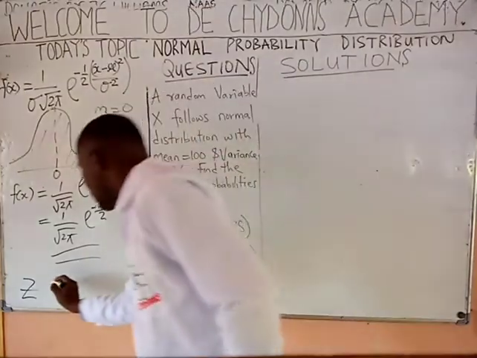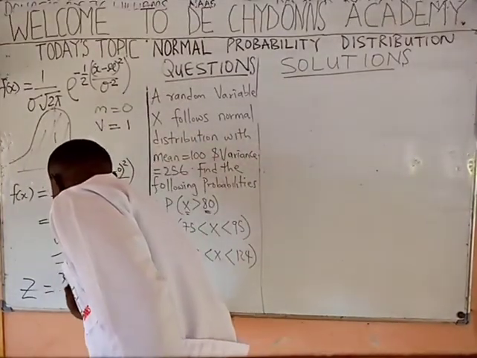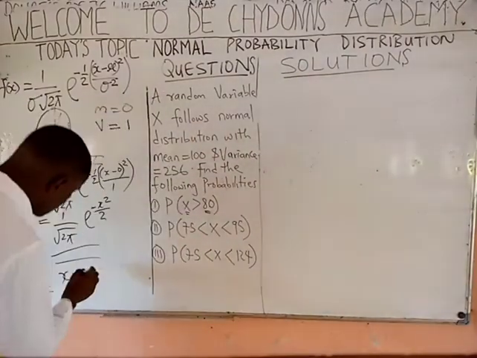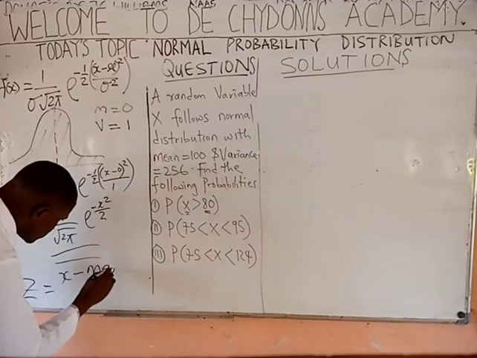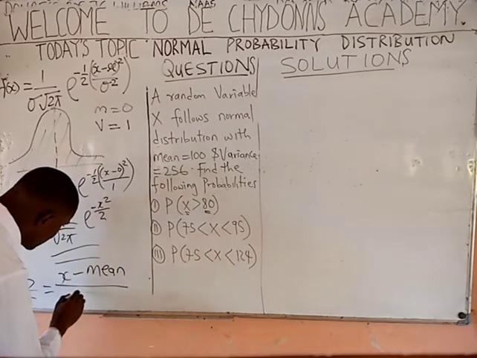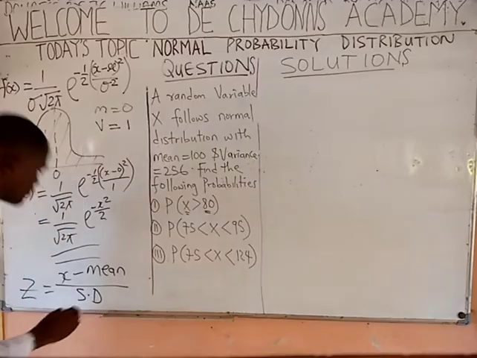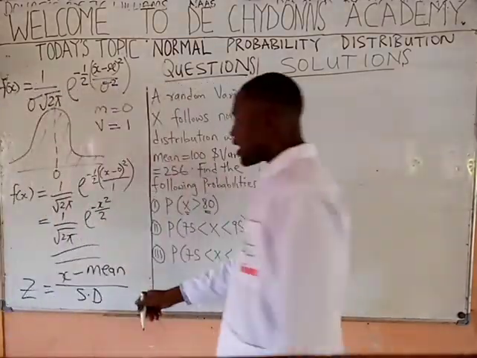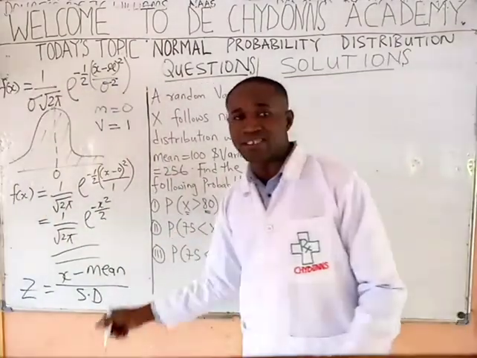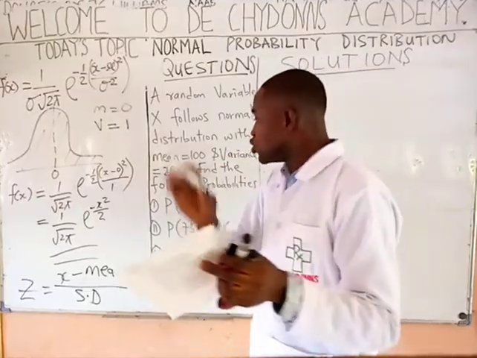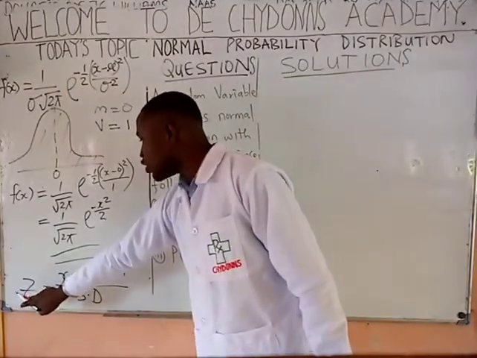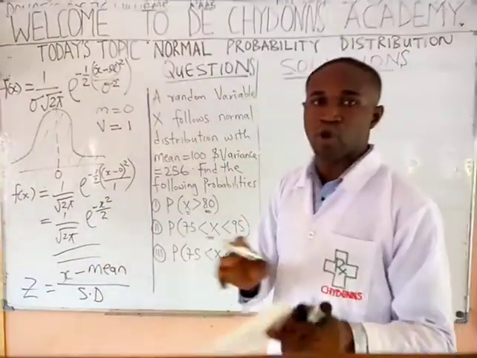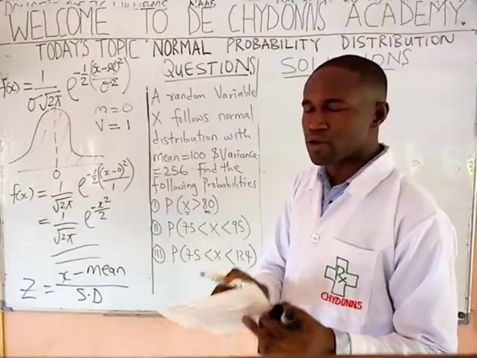Your z-score is x minus mean, all over standard deviation. You must know this formula, because before you can locate anything in your table, you must know your z-score. If you don't know your z-score, you will not be able to locate it in your normal table.